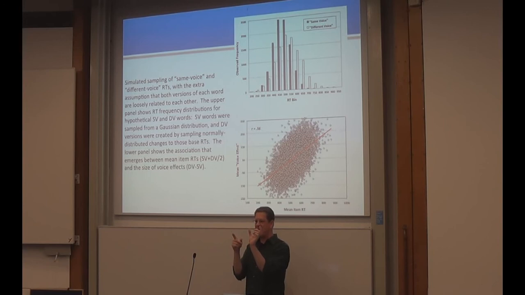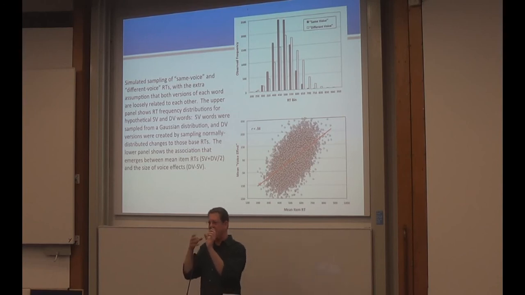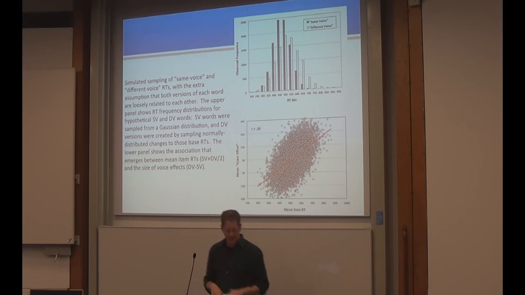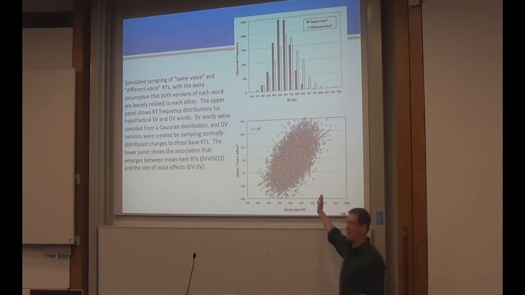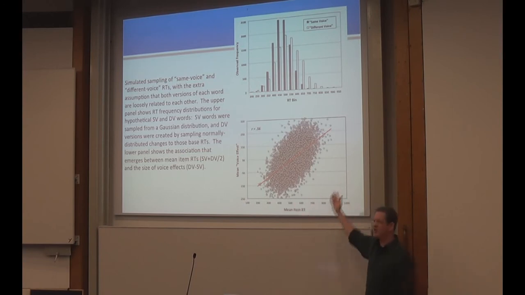So sometimes it could actually be a backwards priming effect, usually it was a positive priming effect, but randomly sampling each item once and then randomly modifying it to see what would happen, and the exact same thing comes out again. In fact, way more powerfully. In the more psychologically valid simulation, that relationship falls out much more powerfully.